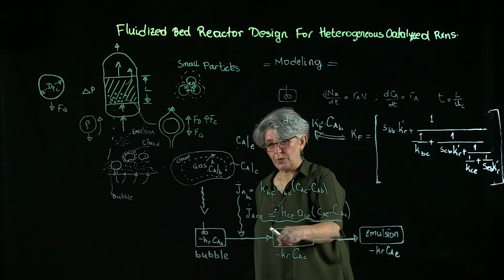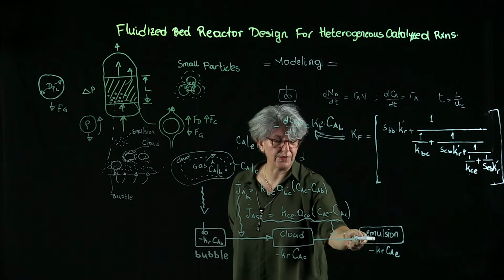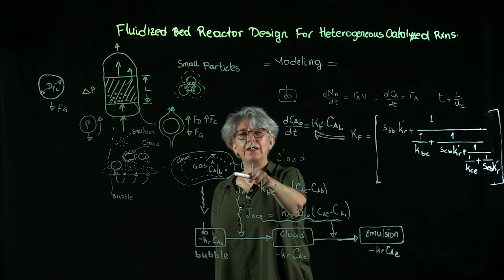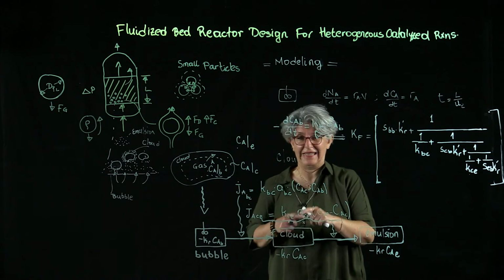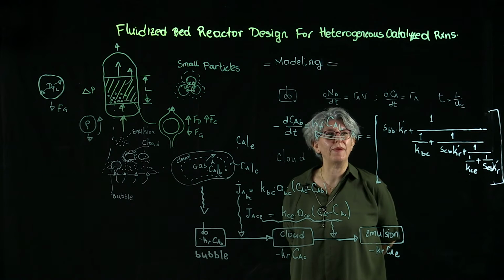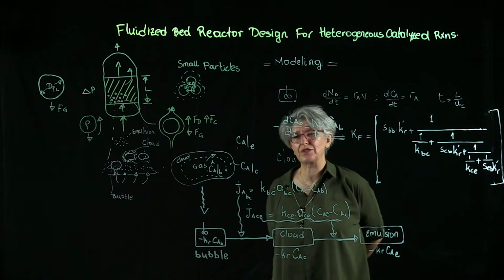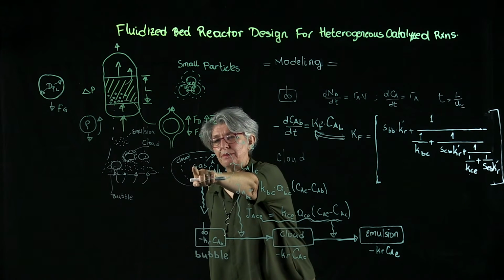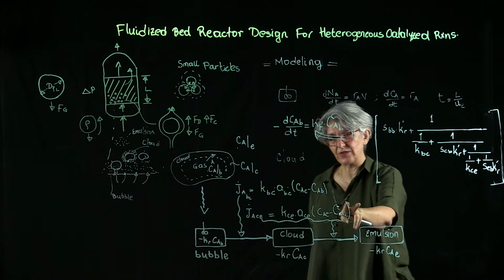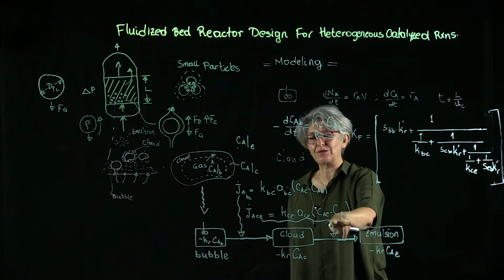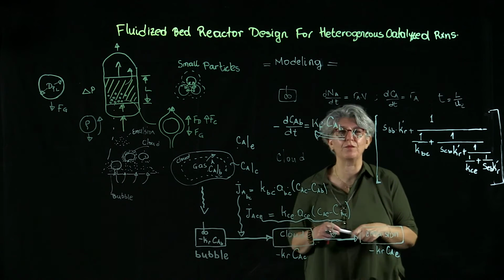Now this composite system of the bubble, cloud, and emulsion, they all act like well-mixed reactors with their corresponding rates in the mixed flow domain. And then we have a film mass transfer equivalent of the transport between the bubble and the cloud and the emulsion. And those mass transfer terms are going to represent our fluxes in and out of those imaginary domains.